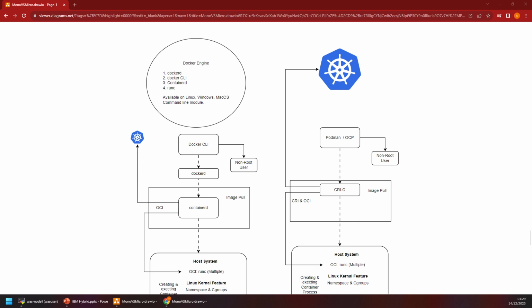When we talk about Containerd's advantages, Containerd is an industry standard container runtime that is widely adopted and supported. It is also used as the core runtime in various container platforms and orchestrators, including Docker and Kubernetes via CRI, and others. It also has a mature ecosystem with a large community of contributors and users.